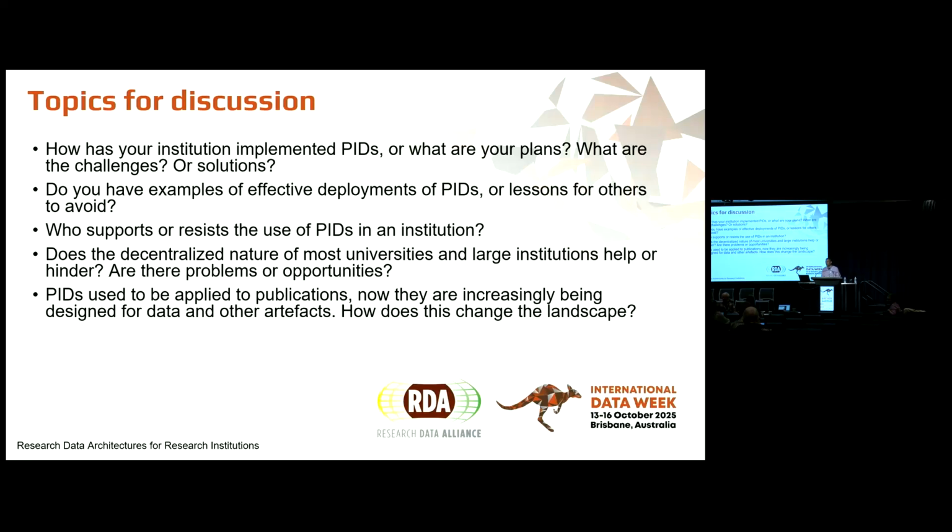Hi, my name is Olivier Rouchon. I work in France in CNRS, probably the largest research performing organization in France. We do have a national policy being implemented at the moment, focusing on different PIDs such as ORCID, ROR, DOIs, things like that.